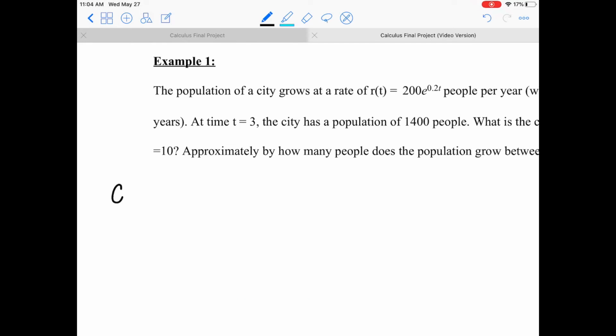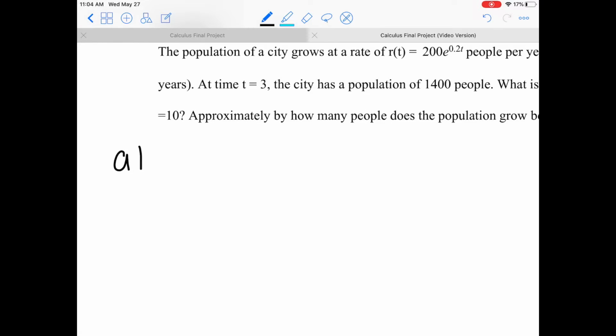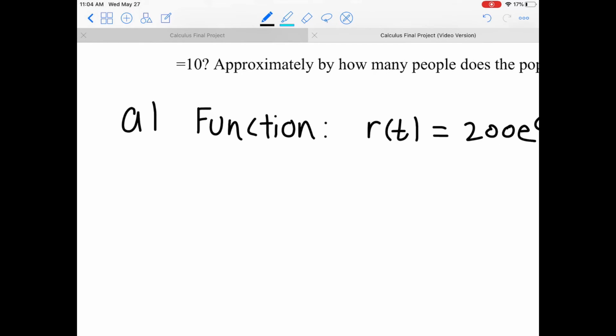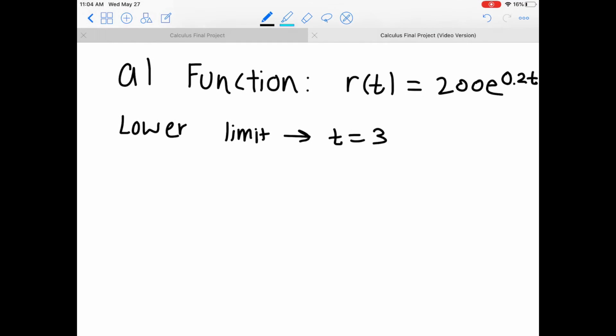So for part A, where it asks what is the city's population at t equals 10, we first want to write out all the given information that the problem already gives us. We know that the function of the population is r of t equals 200 e to the 0.2 t power. Next, we want to set the limits of integration, where our lower limit is going to be t equals 3, because it states that at t equals 3, the city has a population of 1,400 people, so that is going to be our initial value.